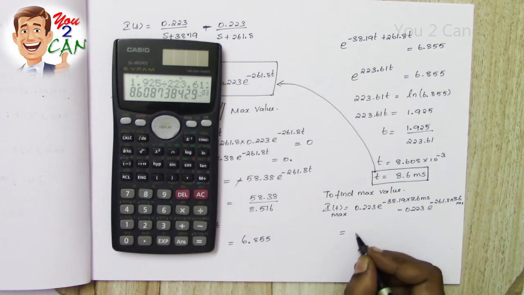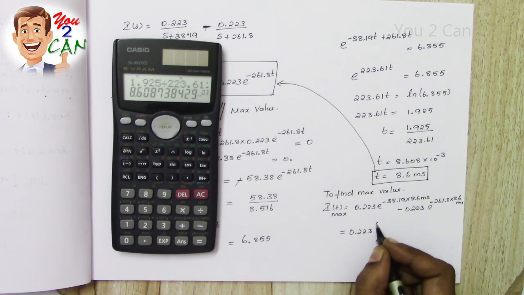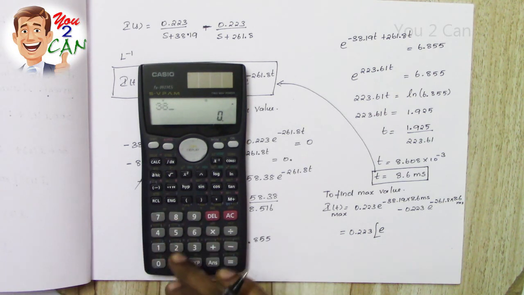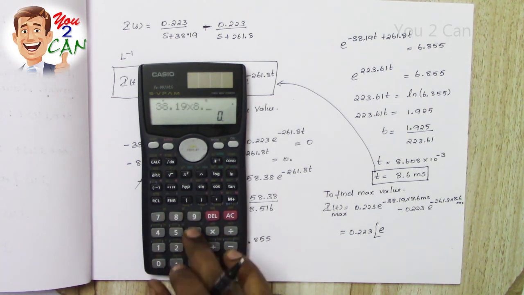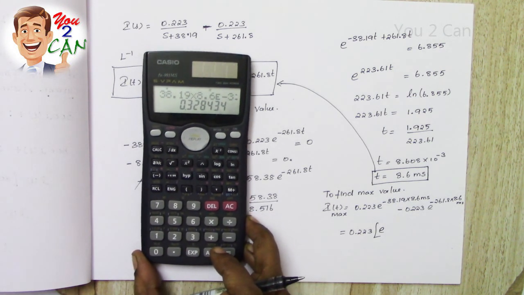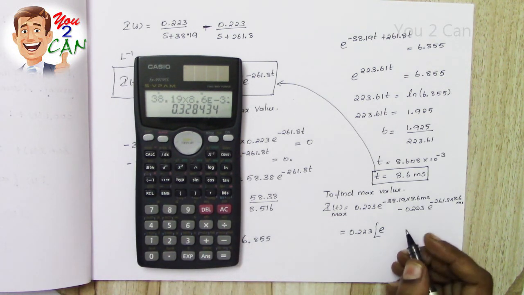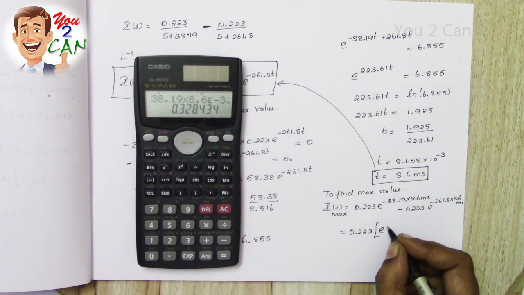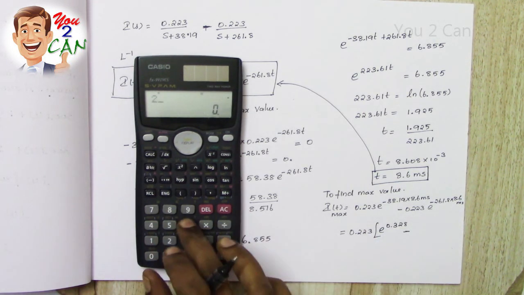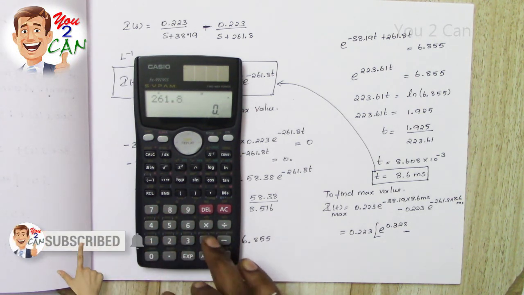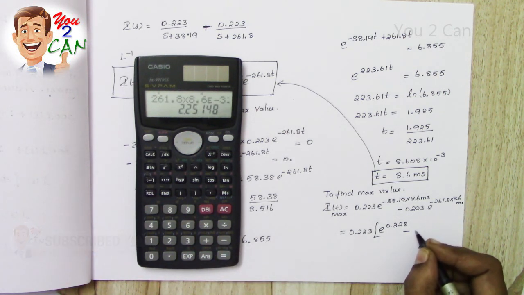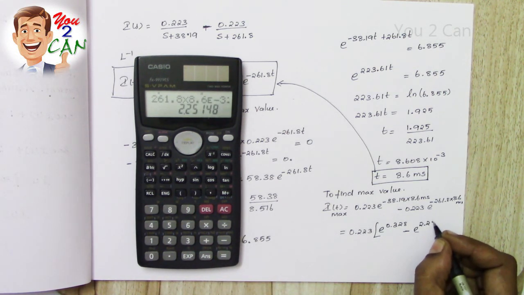So 0.223 I have taken common, so e power here, 38.19 into 8.6 into 10 power minus 3 will be 0.328, minus here 261.8 into 8.6 milliseconds will be 2.25, e power 2.25.